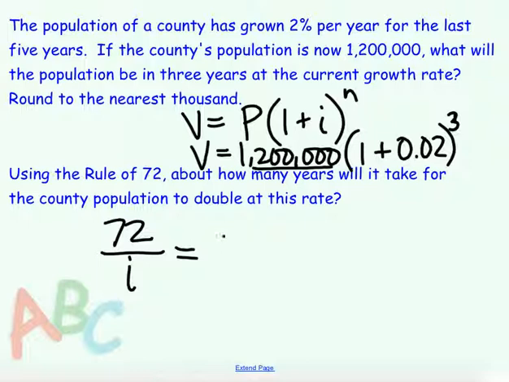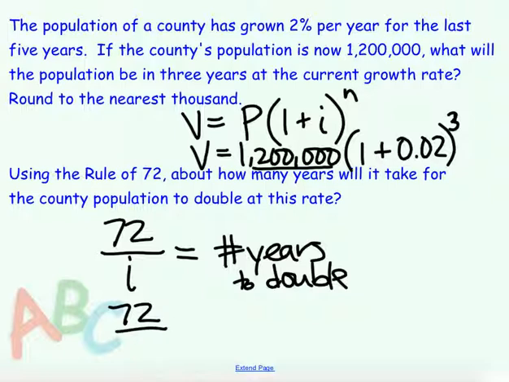So this will give me the number of years to double. In this case, if I say 72 divided by my growth rate of 2%, that means I'm going to double this amount of people in 36 years.